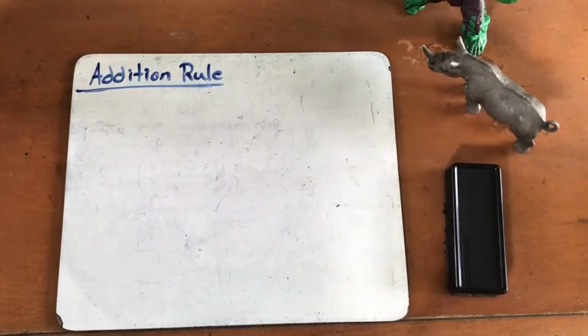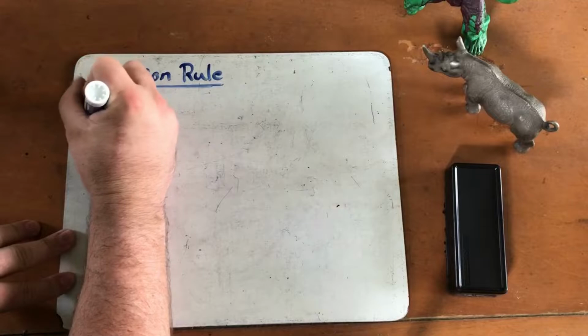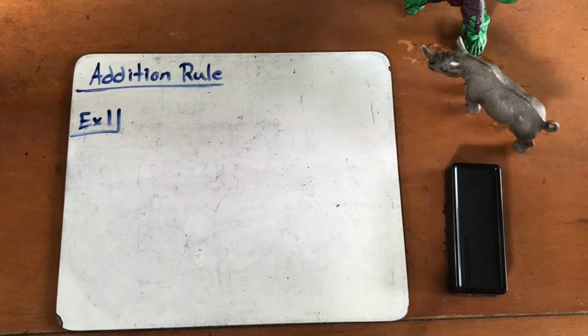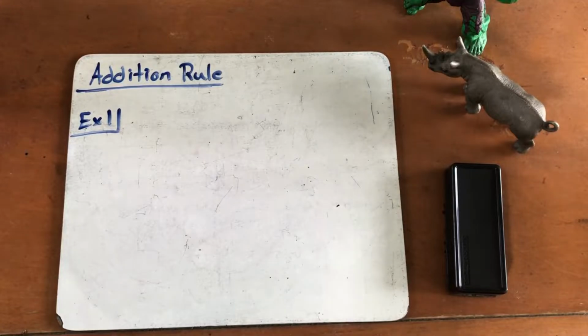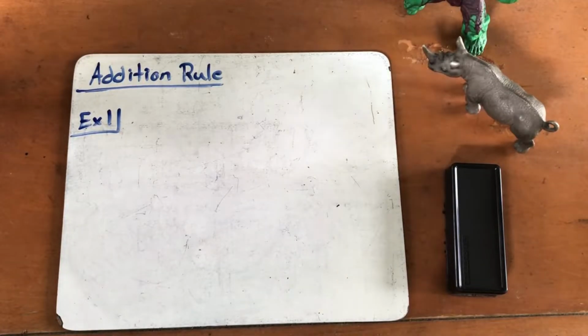Now, let's look at how the addition rule works. For my first example, we're going to look at a situation where they are mutually exclusive. There is no overlap. We've looked at a situation like this before for the counting principle and also for sample space.